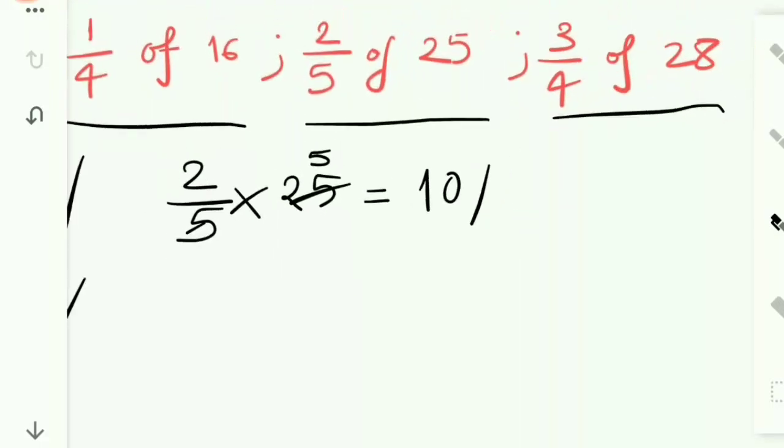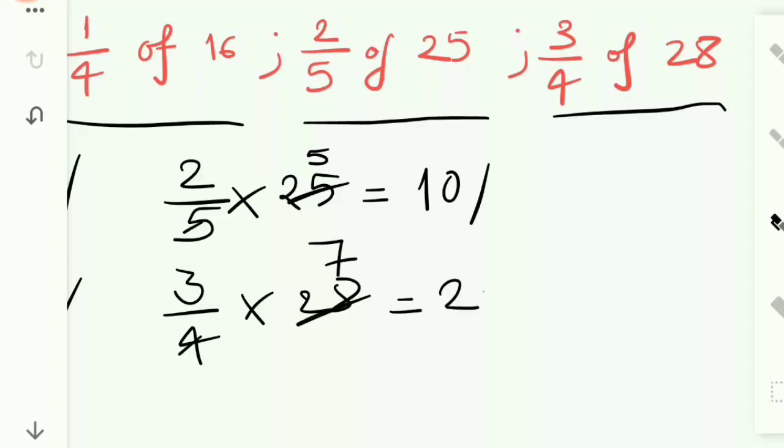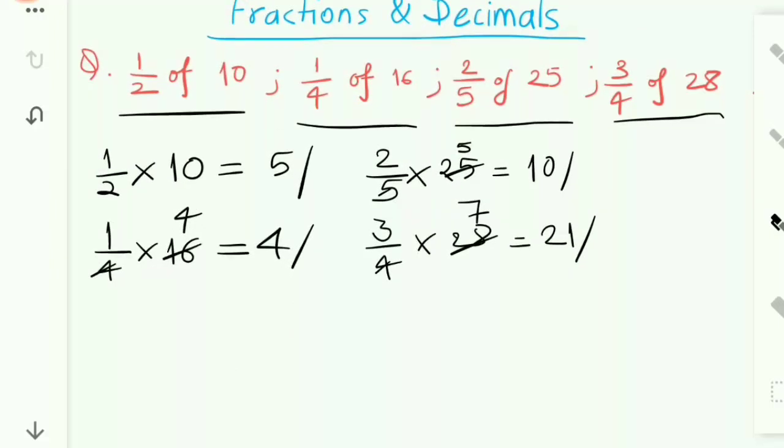And 3/4 of 28 means 3/4 into 28. 7 3s are 21. I hope you understood how to solve these kind of problems as well. Let's take other problems.